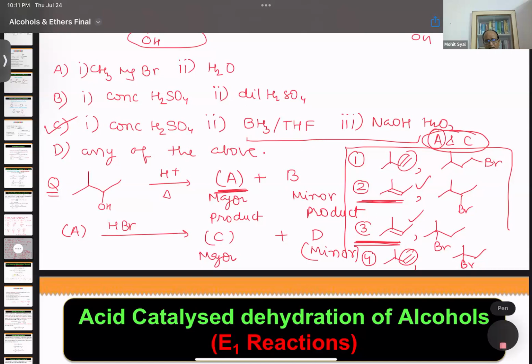So what is the structure of C? Jasleen, Ibrahim, tell me. It will be the third one. Markovnikov addition, right? Yeah.